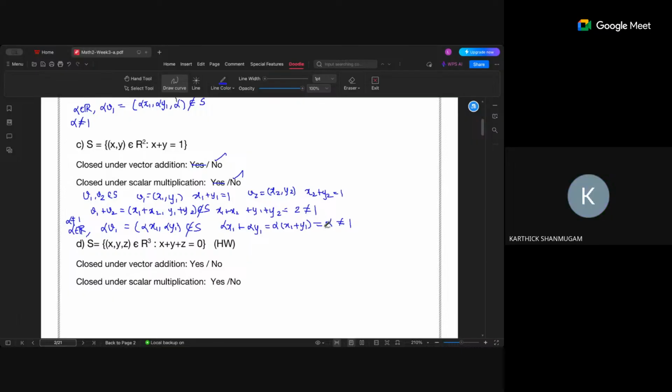Ma'am, for closure under vector addition in this same example, the subcondition given is x1 plus y1 is equal to 1, right? Yes. So when we are adding two vectors, x1 plus x2 plus y1 plus y2, you are considering it as 2. That part alone I'm missing. We are getting it because we can rearrange them.